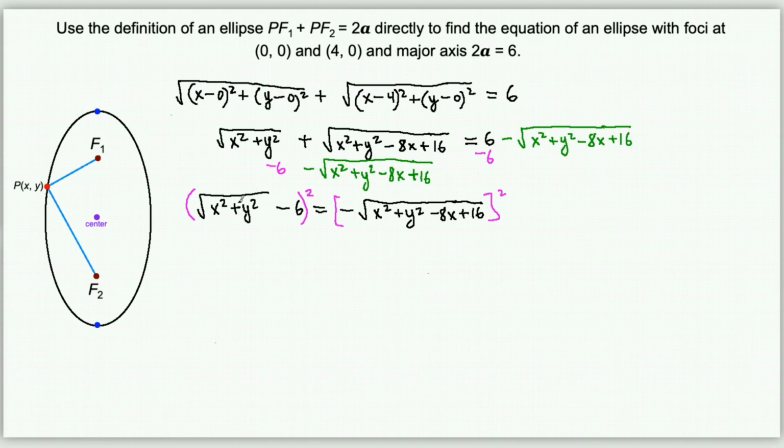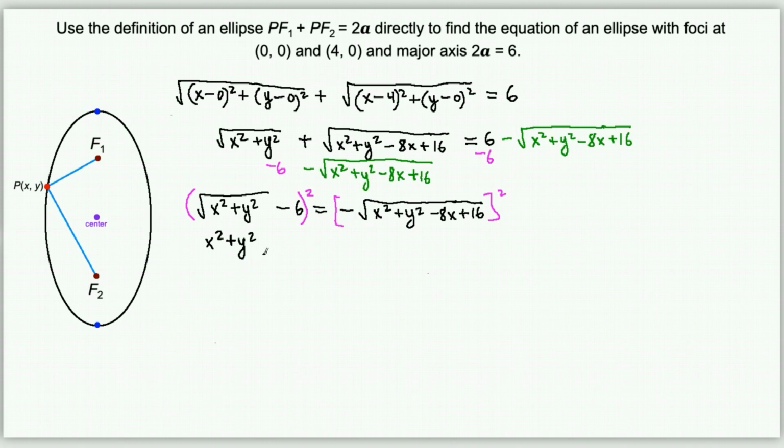So the first product is going to get rid of the square root, right? Because the square root of x squared plus y squared times itself gets rid of the square root sign. So we know that the first product will be just plain x squared plus y squared. That's good.